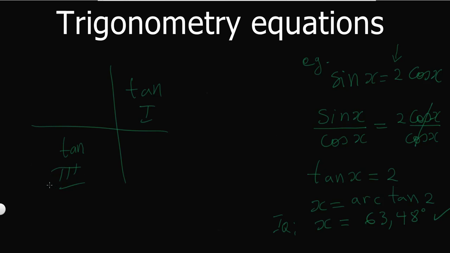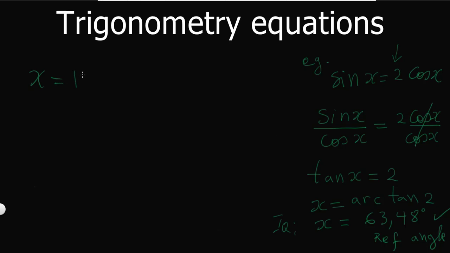Now what about the third quadrant? In the third quadrant, we have 180 plus theta, so this becomes also your reference angle. So you will take another angle, which will be x equal to 180 plus 63,48.